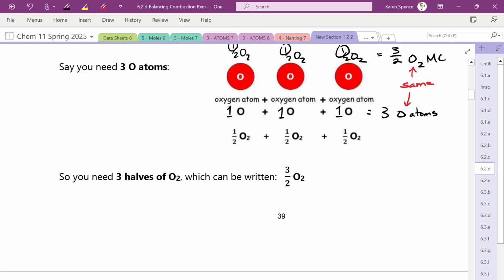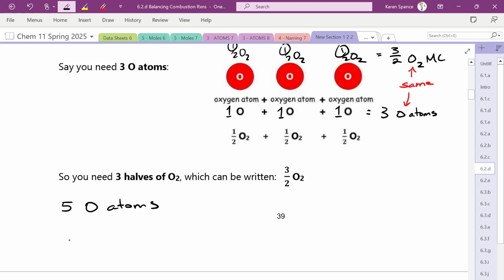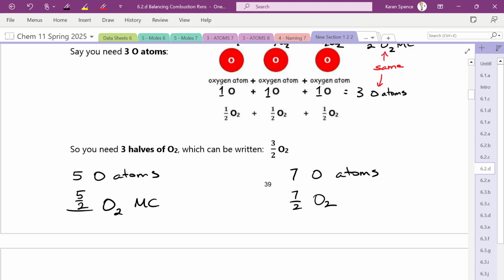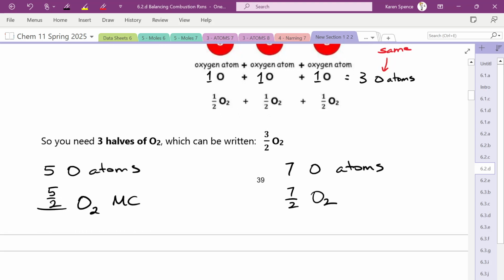All right. Now, what if you wanted to have 5 oxygen atoms? How many O2 molecules would that be? 5 over 2. Okay, and if you wanted to have 7 oxygen atoms, that would be 7 halves O2. Okay, and if you're having trouble visualizing that, on the next page we have pictures for you.